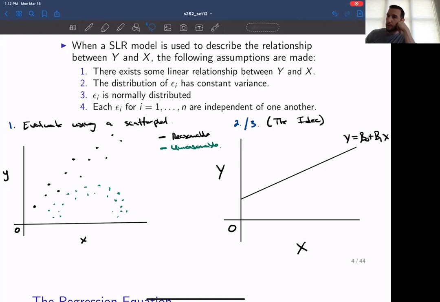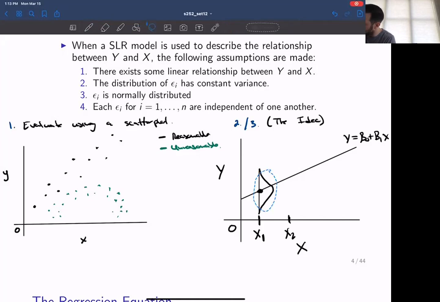Now, for the normality and the constant variance assumption, what we are assuming is that for each value of X, so let's say that this marker here is X1, this point on the line is a normal distribution. And each time you change the value of X, you get the same normal distribution.